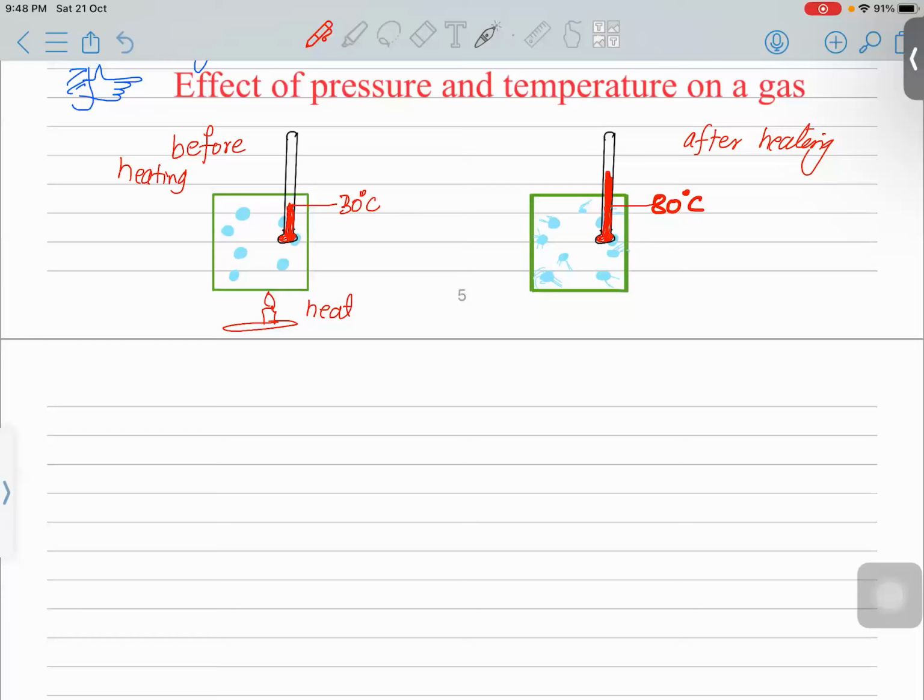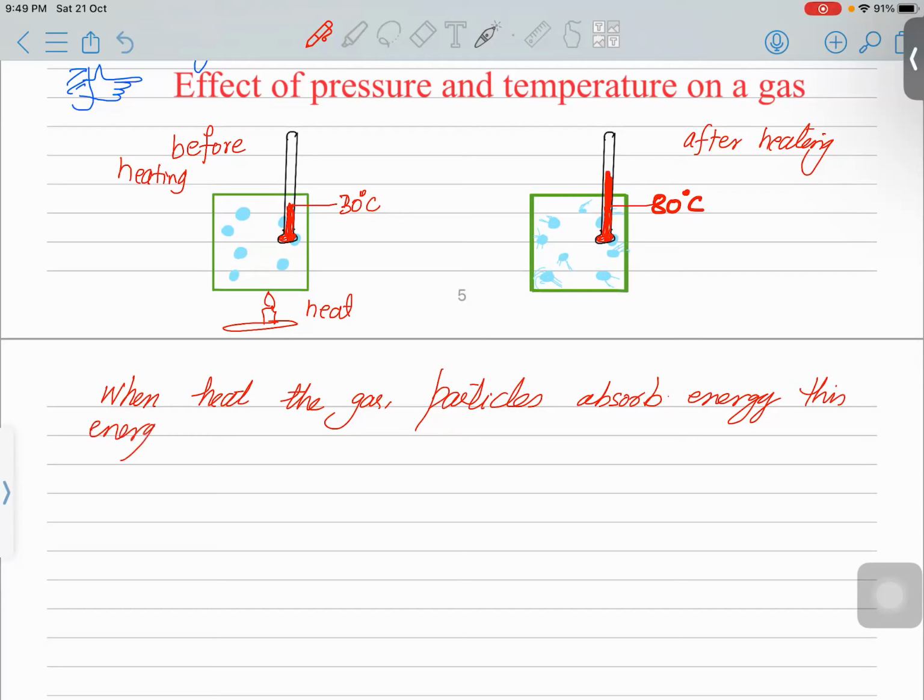Yes, sir. So when we heat the gas, particles absorb energy. This energy is called kinetic energy.